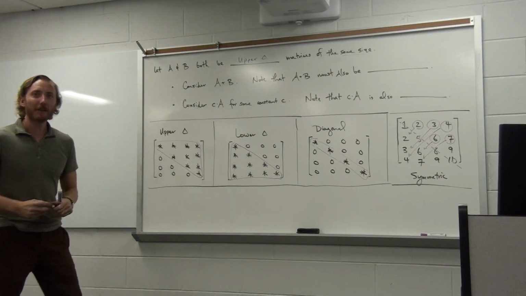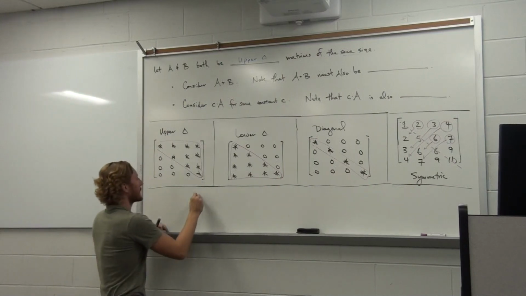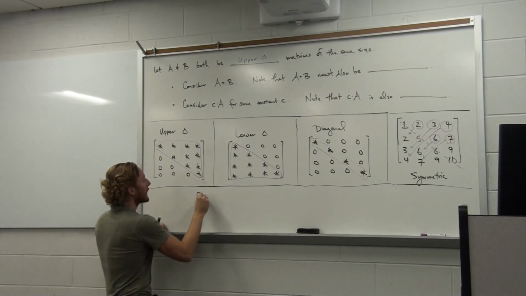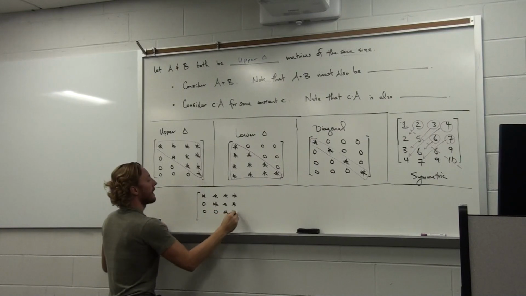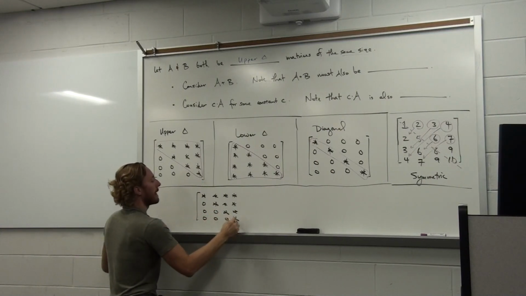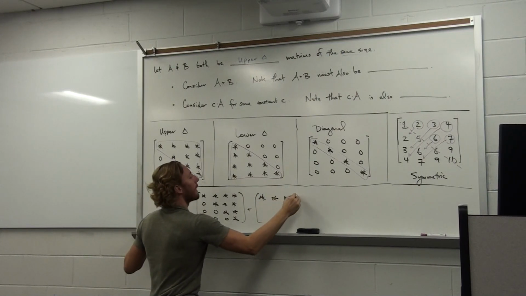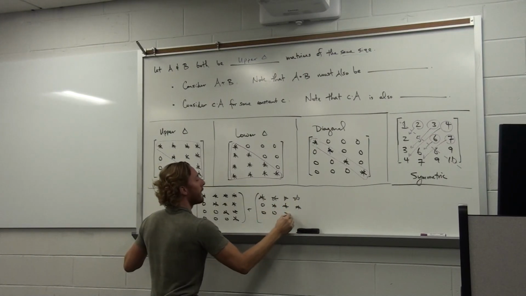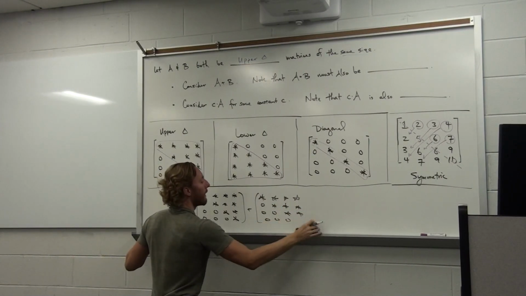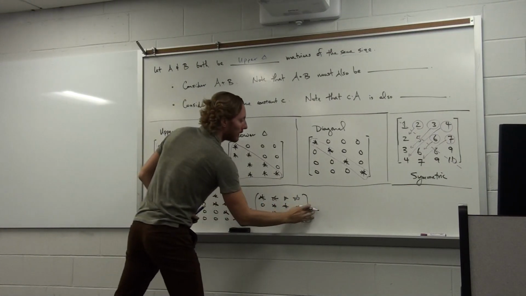Now, what we want to consider is A plus B. So we want to add these two matrices together. And when you think about this, what is that going to look like? Well, here is your one upper triangular matrix, and here is your other upper triangular matrix, and we want to add these together.